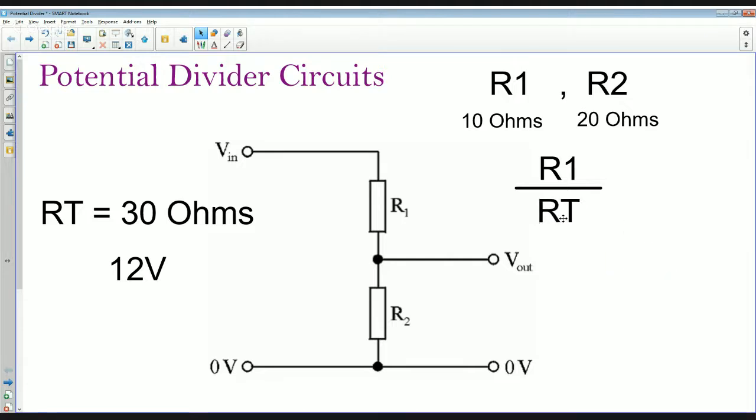It is basically the fraction of how much resistance R1 has alone across the whole total resistance inside the circuit.